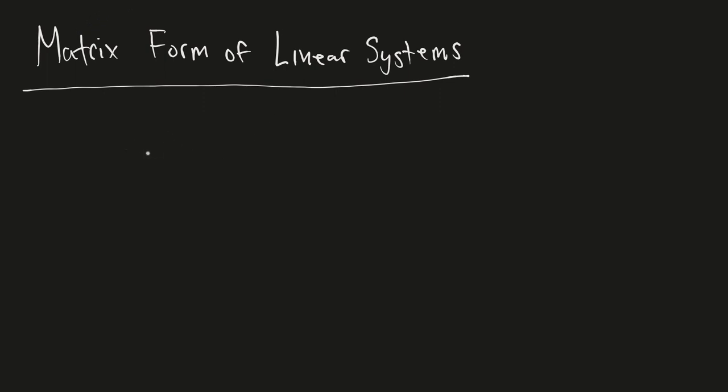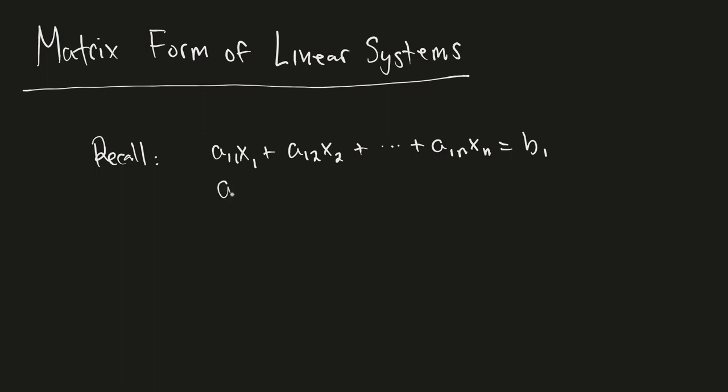Now I'm going to go back to our very first definition of a linear system. Recall this was one of our first forms that we defined, where we had n variables and m equations. So I'm going to rewrite this.